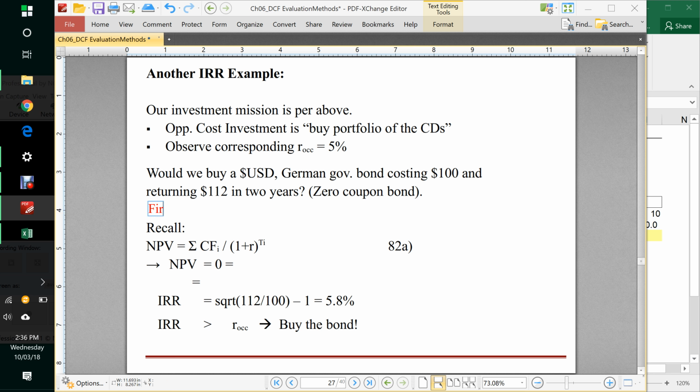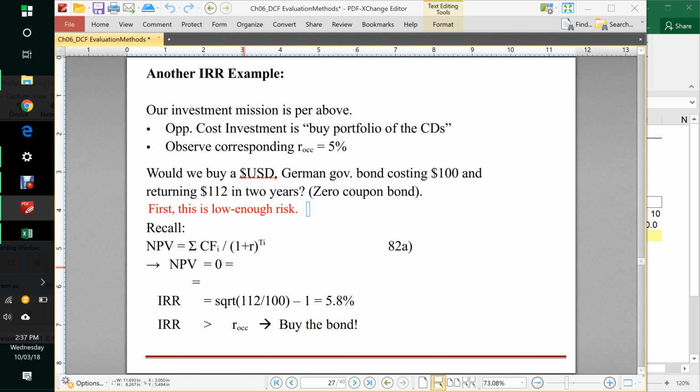First, we decide that this is low enough risk. German government, very, very high quality government. They've never defaulted on their bonds. And this is a dollar denominated German government bond, so it's very, very safe. So I'm going to call it safe enough.